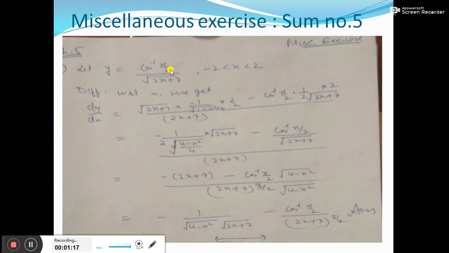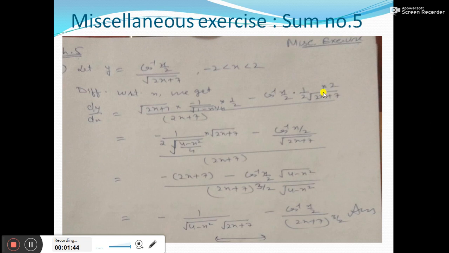Treat this as a composite function, and the minus sign will be there. The numerator as it is, cos inverse x by 2, into the derivative of the denominator root of 2x plus 7, that is 1 by 2 root of 2x plus 7 into the derivative of 2x plus 7, that is 2.